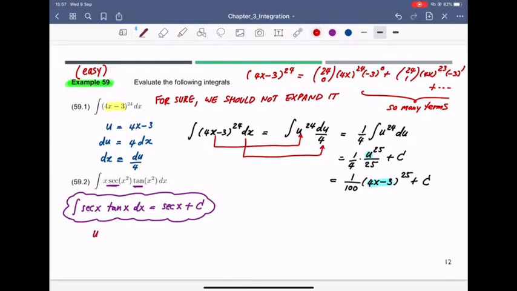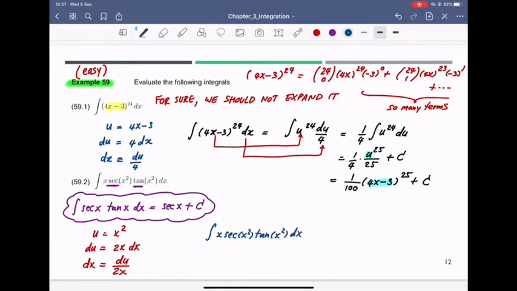So I'm going to pick u to be x squared. Once you pick u to be x squared, my du is going to be 2x dx, right? Because you differentiate x squared with respect to x, and then you get dx equal to du over 2x. I'm trying to go slow here. And then after that, I integrate x times secant x squared tan x squared dx.